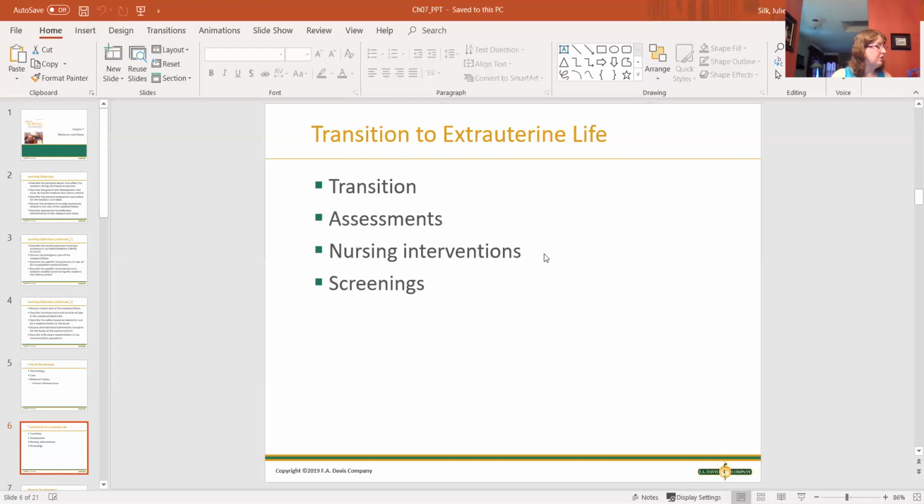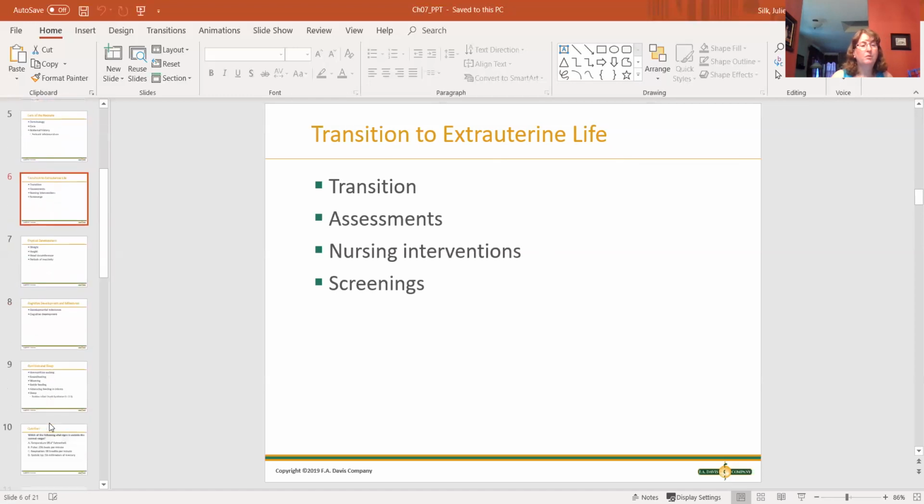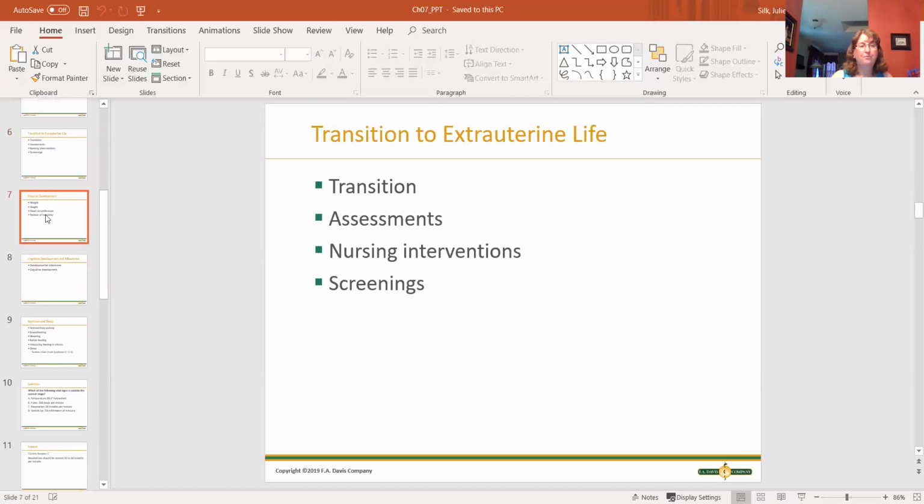They're going to test for congenital hypothyroidism, congenital adrenal hyperplasia, galactosemia, maple syrup disease, Krabbe disease, cystic fibrosis, and sickle cell disease. So those are some of the things they specifically will screen for. Make sure you're aware of what some of those things are if you don't know.